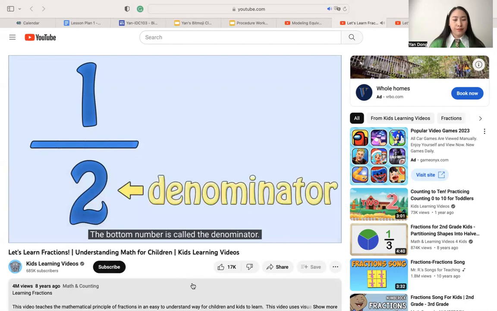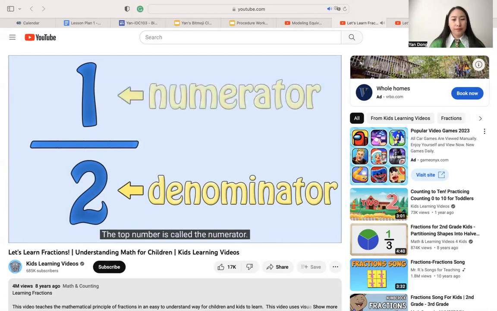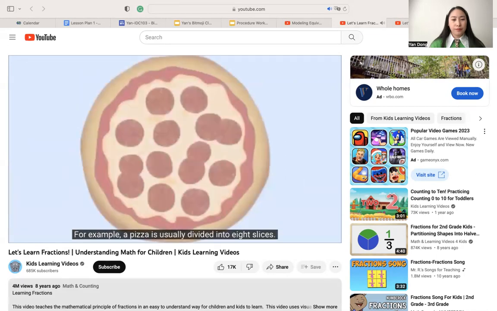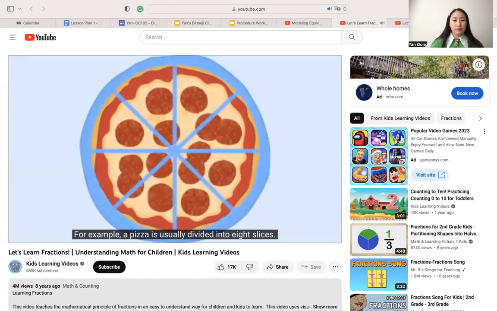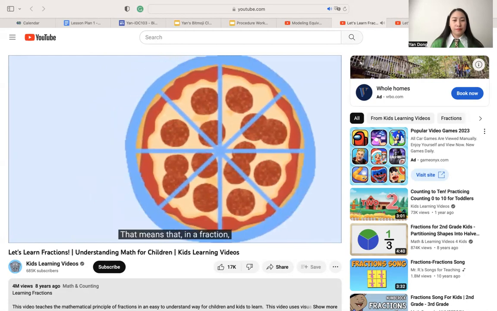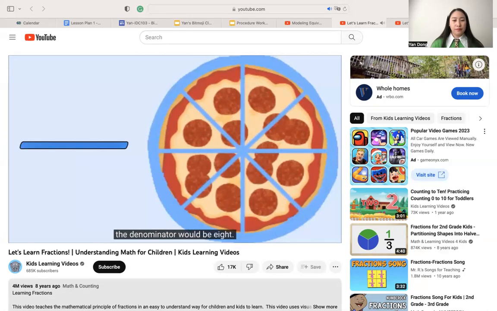The bottom number is called the denominator. It shows how many equal pieces an object has been divided into. The top number is called the numerator. It shows how many parts of the denominator you are looking at. For example, a pizza is usually divided into 8 slices. That means that in a fraction, the denominator would be 8.